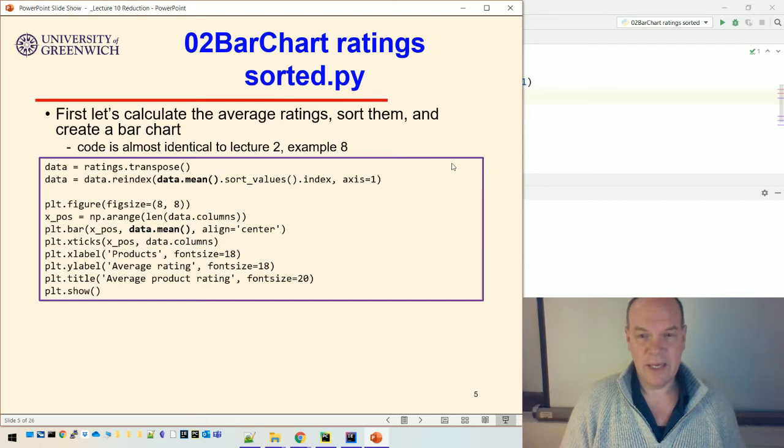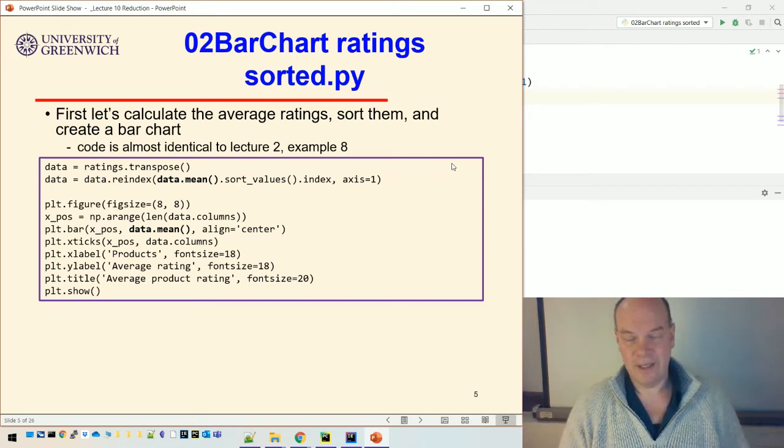Okay, the data as it stands comes with the products as rows and the ratings as columns. When I want to visualize the bar chart of the average ratings, I want the products as columns and the ratings as the rows.